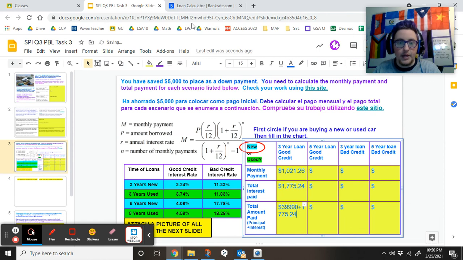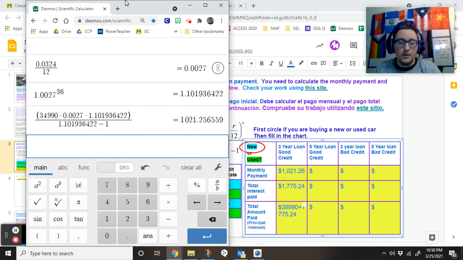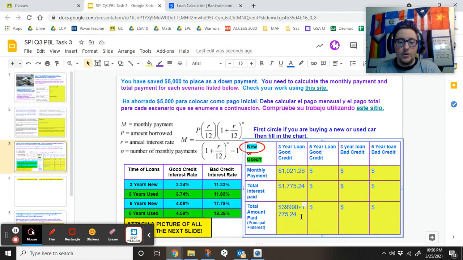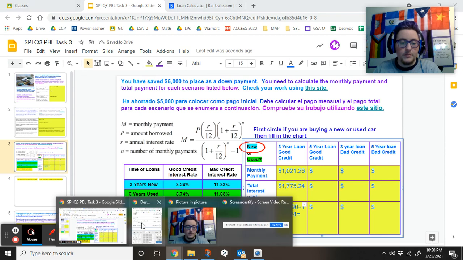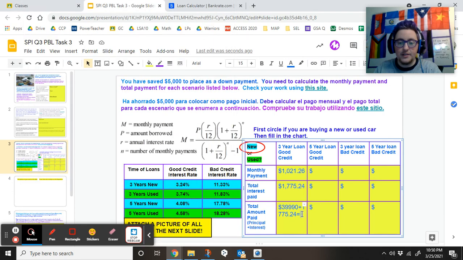So let me pull up my Desmos calculator again to do that adding. 39990 plus 1775.24. I'll end up paying 41,000. I actually already forgot what the number was. Let me just copy it. $41,765 for this vehicle.